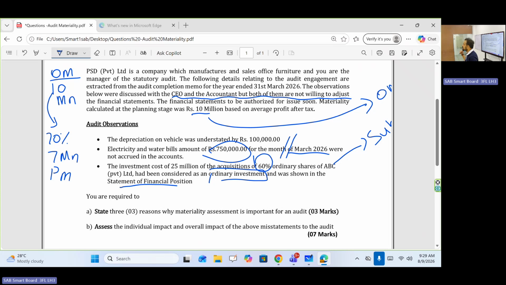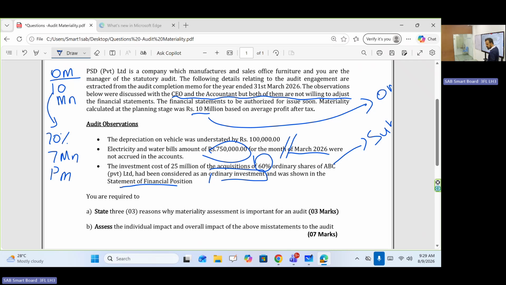Why? Because ABC is a subsidiary. If they don't prepare consolidation, it is non-compliance with accounting standards, and that will lead to a modified opinion. Clear? This question asks you to write what the impacts of these three are. The first question is a theory question, not related to this particular case. The second question is related only to the particular case.